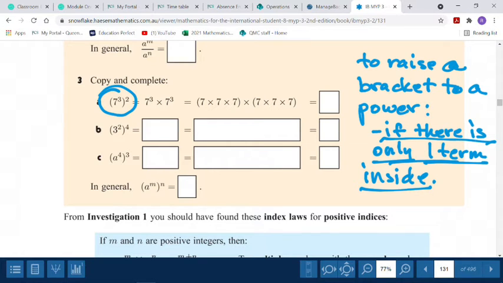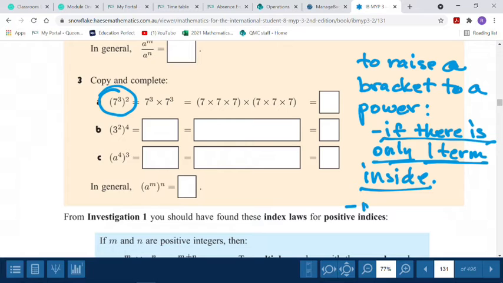If you have more than one term inside, then you cannot do this. Now remember, terms are separated from each other by pluses and minuses, right? So if you see a plus or minus, you know that you have more than one term. All right? So make sure you watch what's inside, because that's the only time this shortcut works.